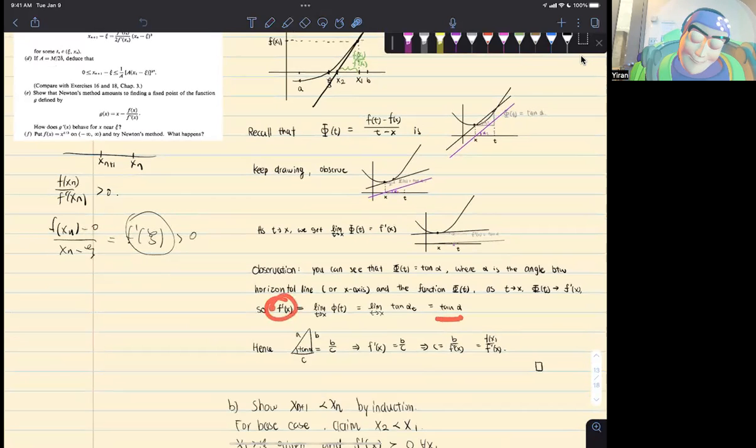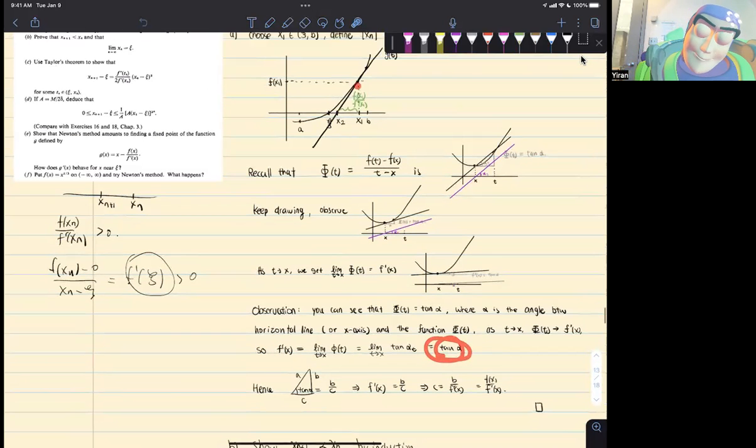So f prime of x is equal to tangent alpha. And then because tangent alpha is equal to f(x1) divided by this distance, this distance is actually equal to this divided by tangent alpha, where tangent alpha is equal to f prime of x. So that is the geometric understanding.